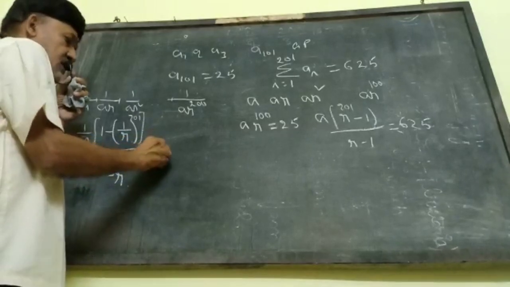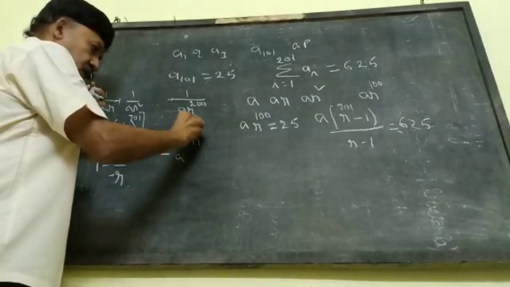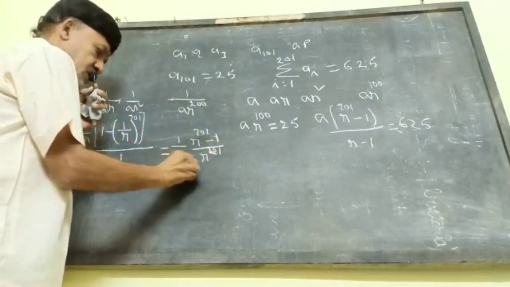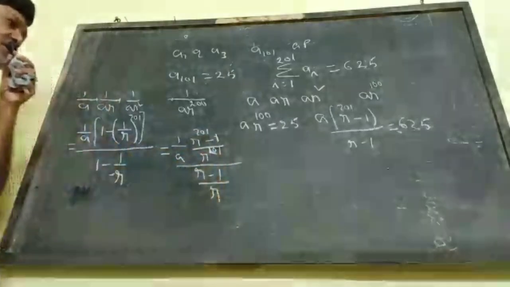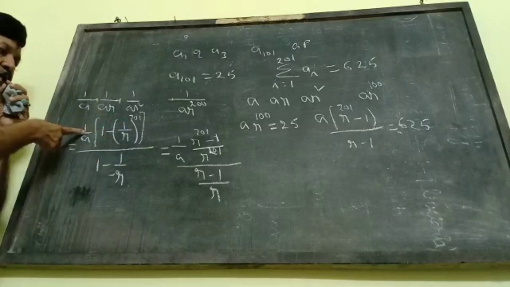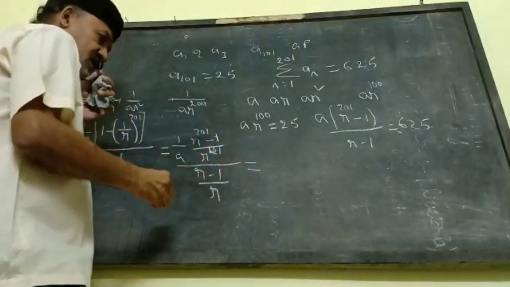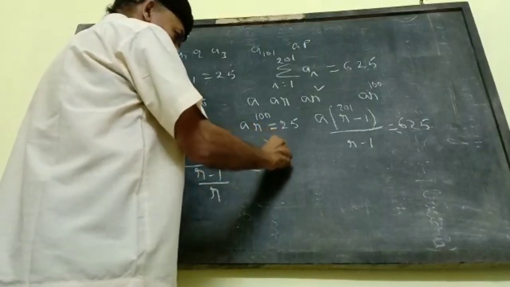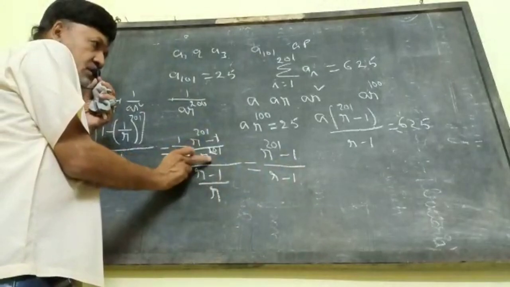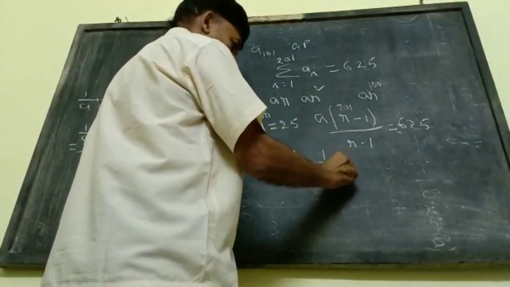This is 1 by A, into R to the power of 201 minus 1 by R to the power of 201, whole divided by R minus 1 by R. When you further simplify this, we get R to the power of 201 minus 1 by R minus 1, times 1 by A R to the power of 200.